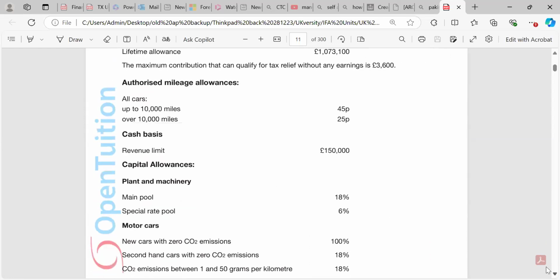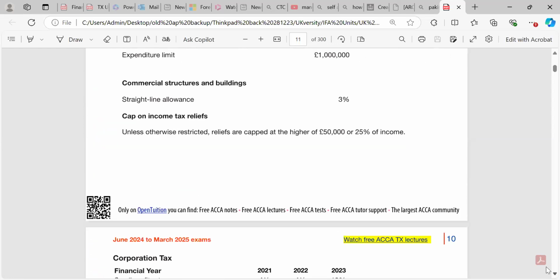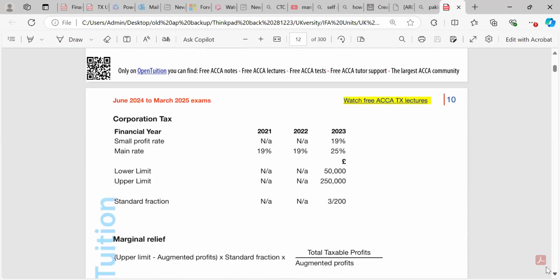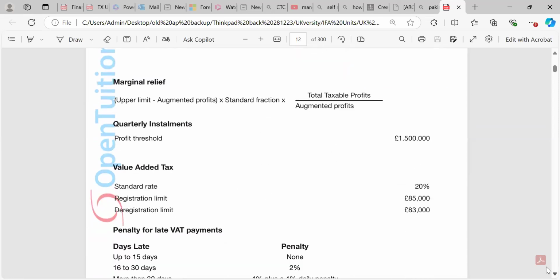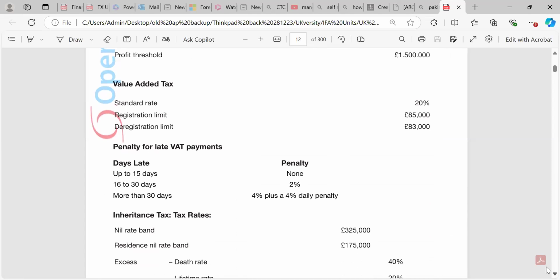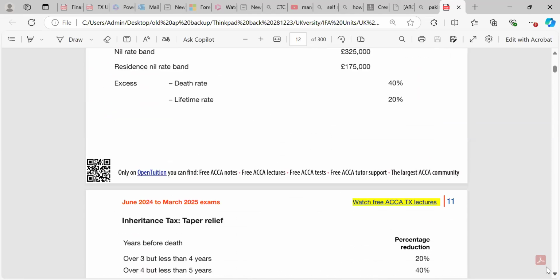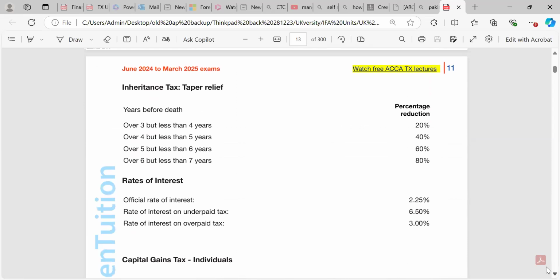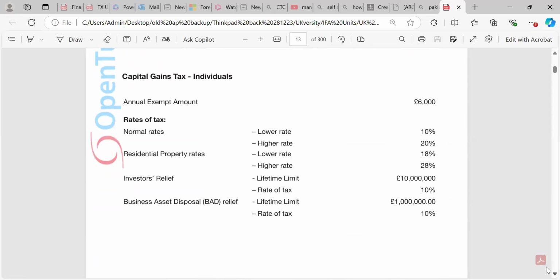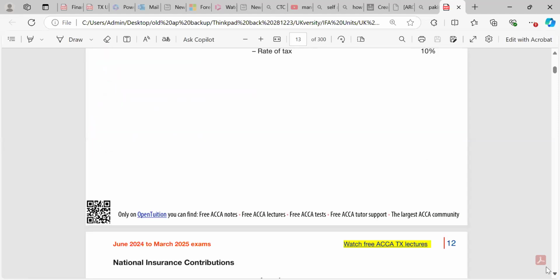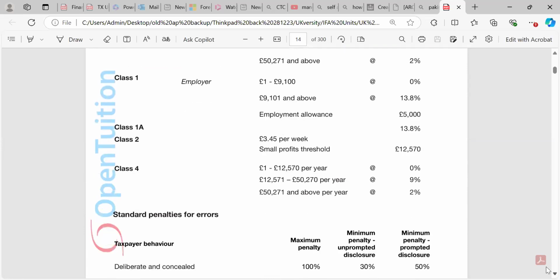Of course, if you're a business, we look at the business rates. Under corporation tax we've been given the marginal relief and the main pool. For capital gains tax, the annual exempt limit is now 6,000 instead of 12,000 for individuals.